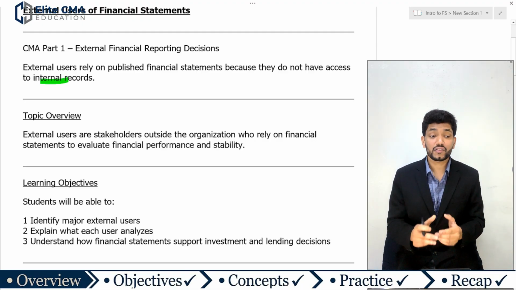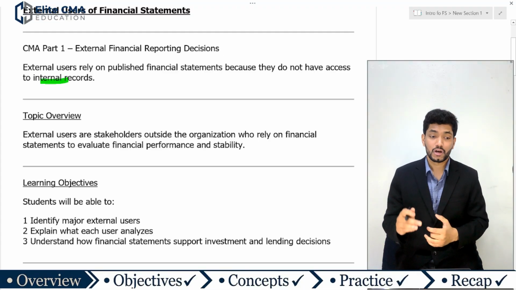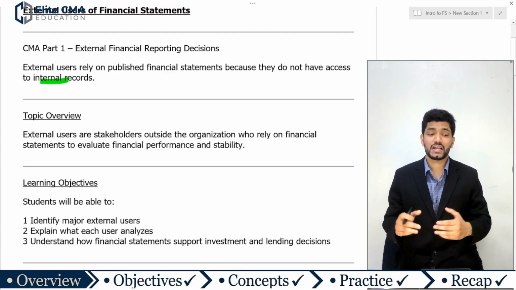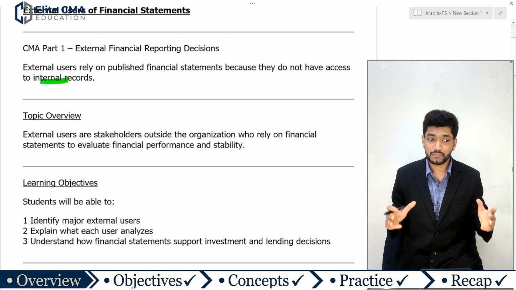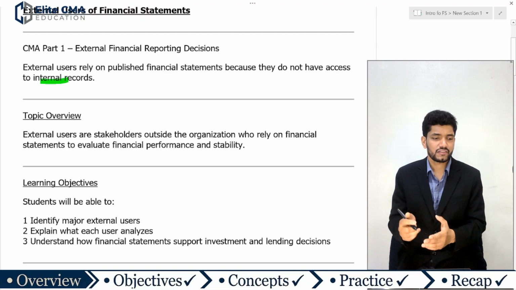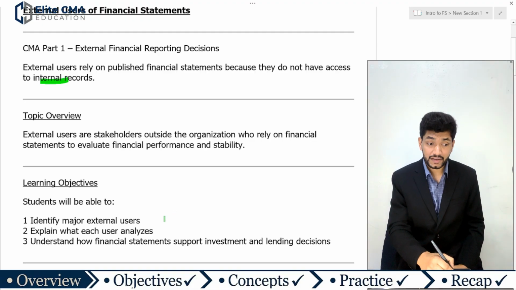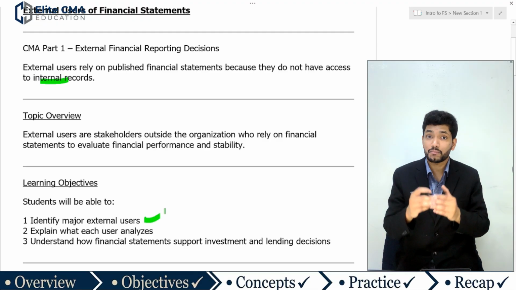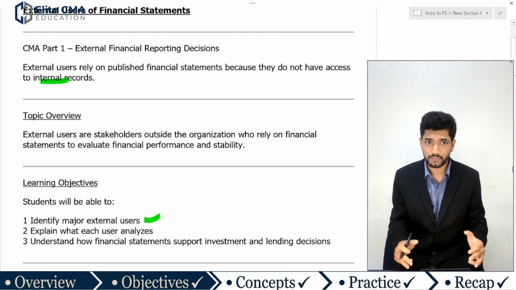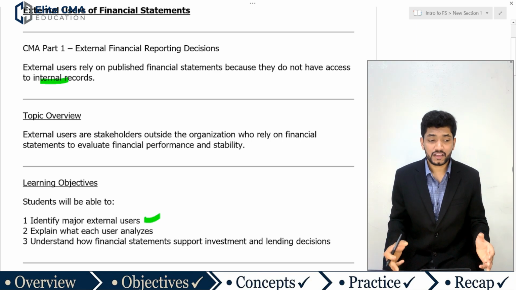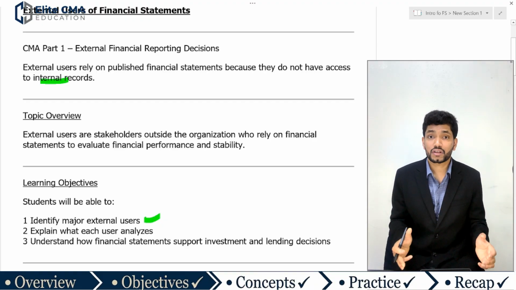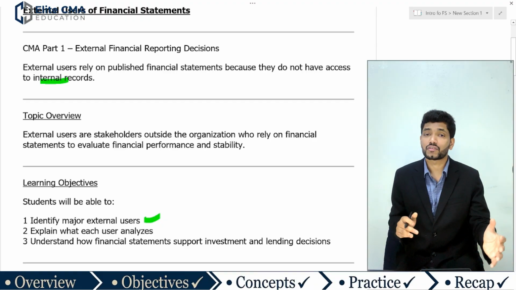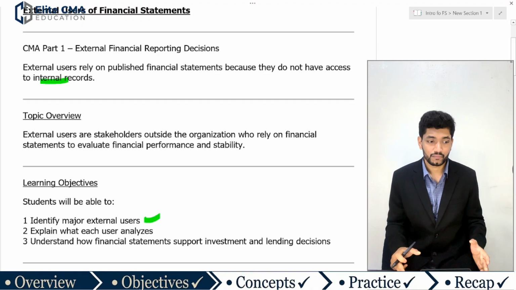These are the stakeholders outside the organization who rely on the financial statements to evaluate performance, stability, liquidity, and various other metrics. In this lesson, we are going to identify the key external users of the financial statements. Then, explain what each user analyzes, since different users are interested in different things in the financial statements.